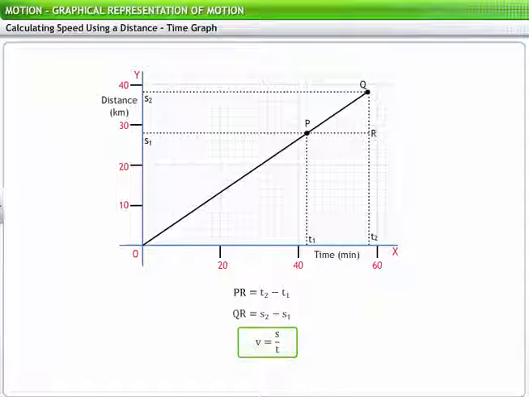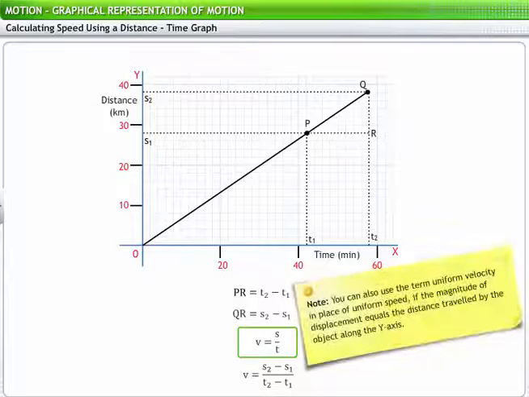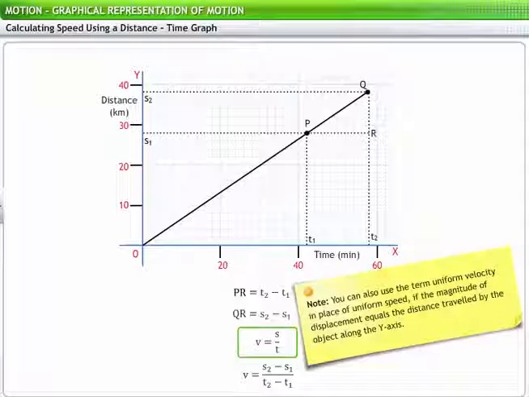Therefore, the speed of an object v is equal to (s2 minus s1) divided by (t2 minus t1). Note, you can also use the term uniform velocity in place of uniform speed if the magnitude of displacement equals the distance traveled by the object along the y-axis.